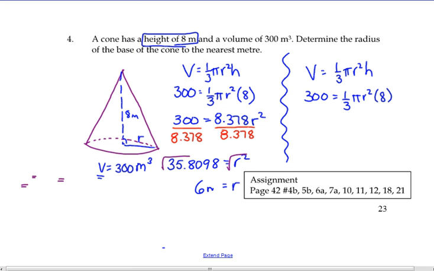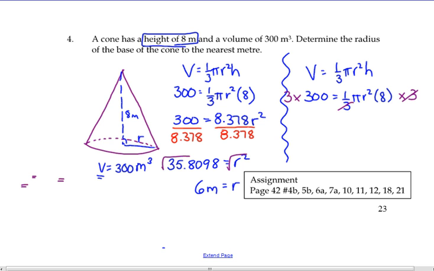6 meters. Now, for those of you who are algebra junkies, if you plan on taking physics, you should be able to rearrange a formula. So here's how you could rearrange the formula. Start by doing what? Times both sides by 3 to get rid of the 1/3.